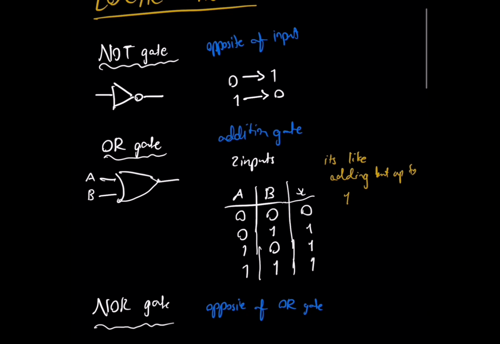And the second gate will be the OR gate. You can memorize it as the addition gate. So if you input 0 plus 0, it will be 0. But if you input 0 and the other input is 1, then 0 plus 1 will be 1. And if you input 1 and the other is also 1, it will be 1.